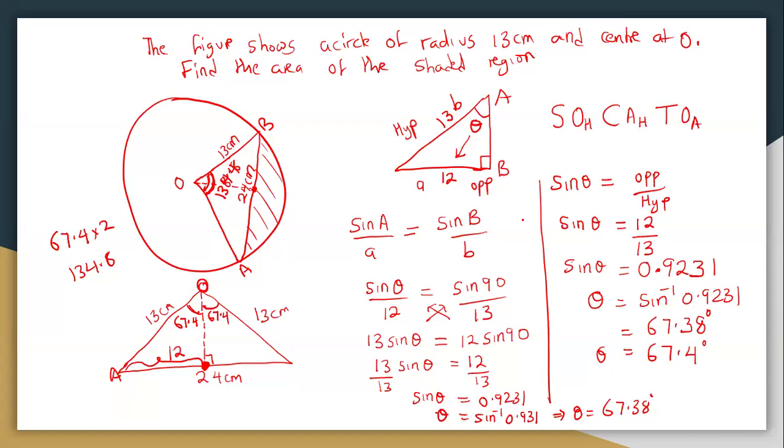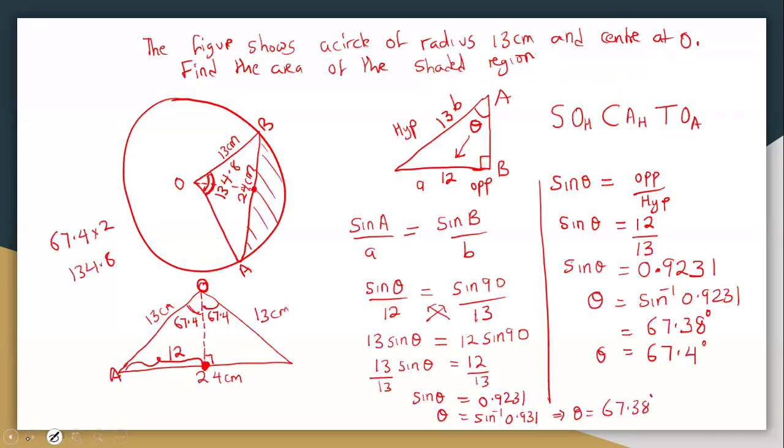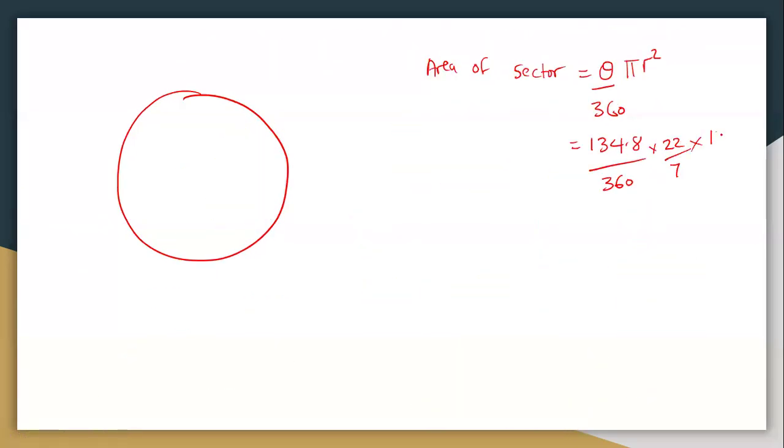Okay. Maybe for some of our friends that came in a bit late, I expect you to first find the area of our sector, and we say that area of the sector is always gotten by pi r squared, and according to the angle, it was 134.8 divided by 360 times 22 out of 7 times the radius of the circle, which was 13 squared.